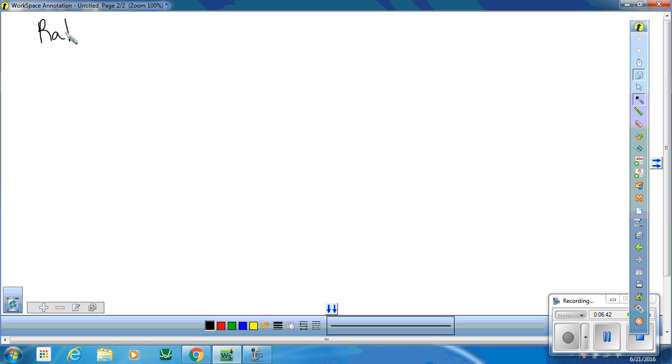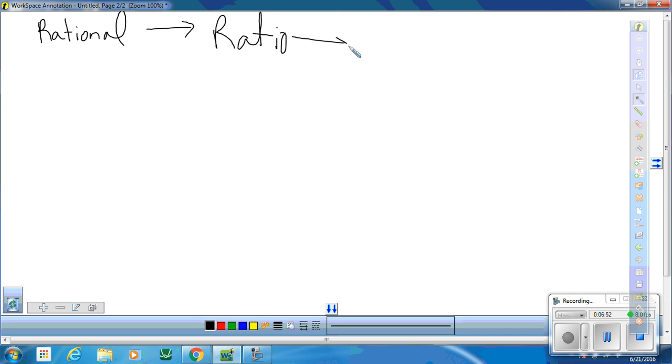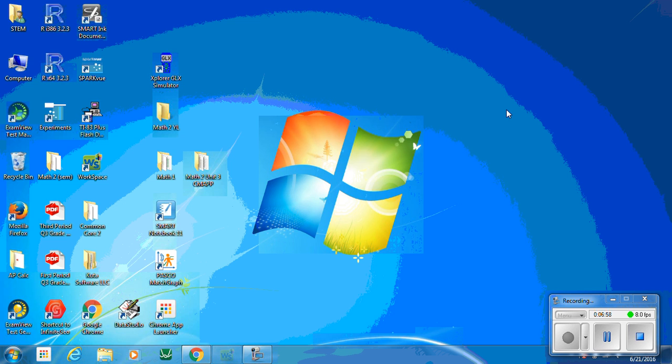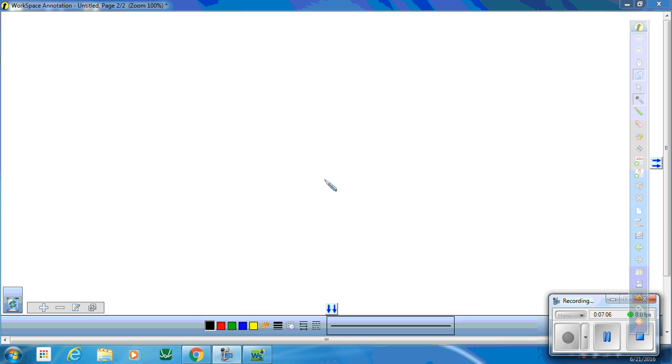So let's talk about the word rational again. We've seen that word before, rational numbers. A rational number, if you remember, comes from the word ratio, so a rational is just another word for a fraction.